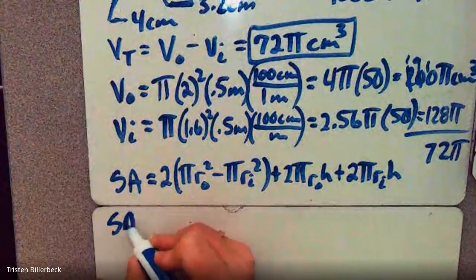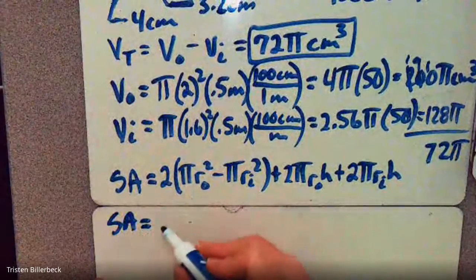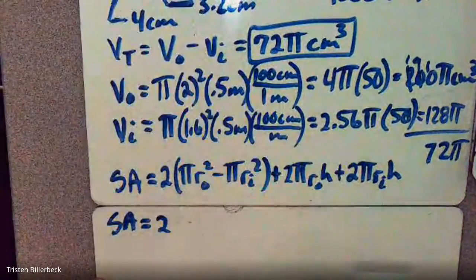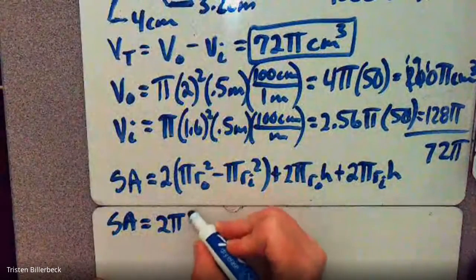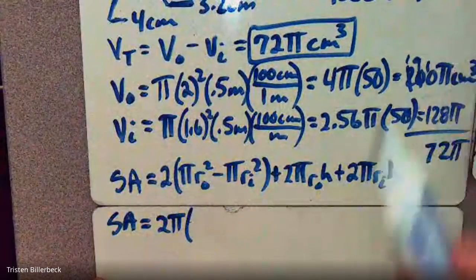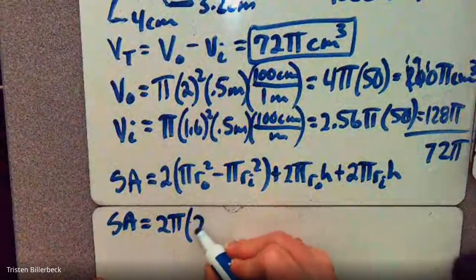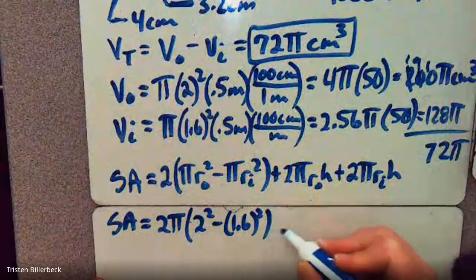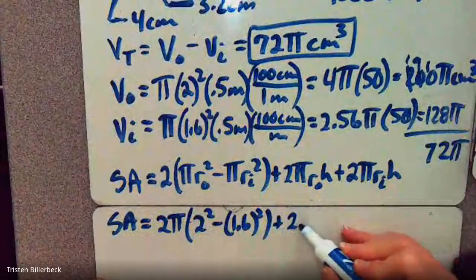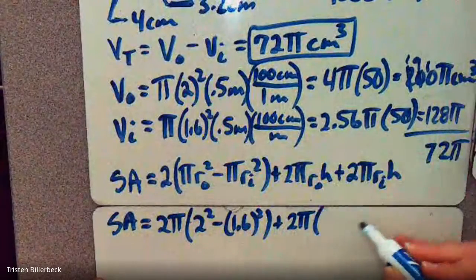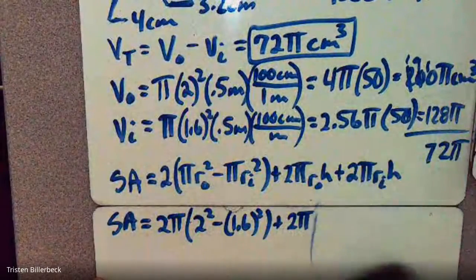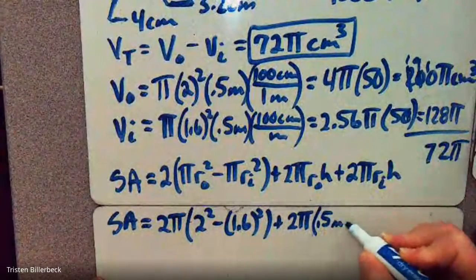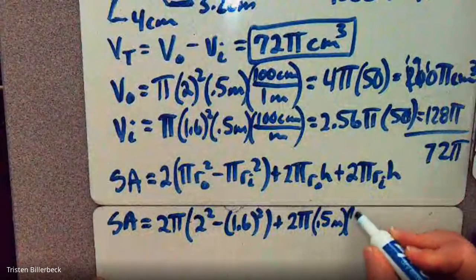So surface area then is going to be twice, and let's take that pi out since they both have a pi. Twice pi radius outer. So our outer radius was 2. So we have 2 squared minus 1.6 squared plus 2 pi. We're going to take the 2 pi out there and do 2 pi h because it's the same. So what was the h? The h was 0.5 meters times 100 centimeters.